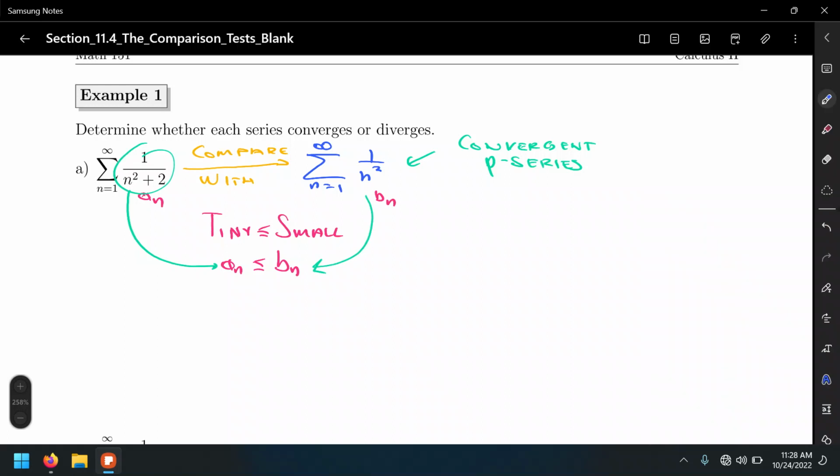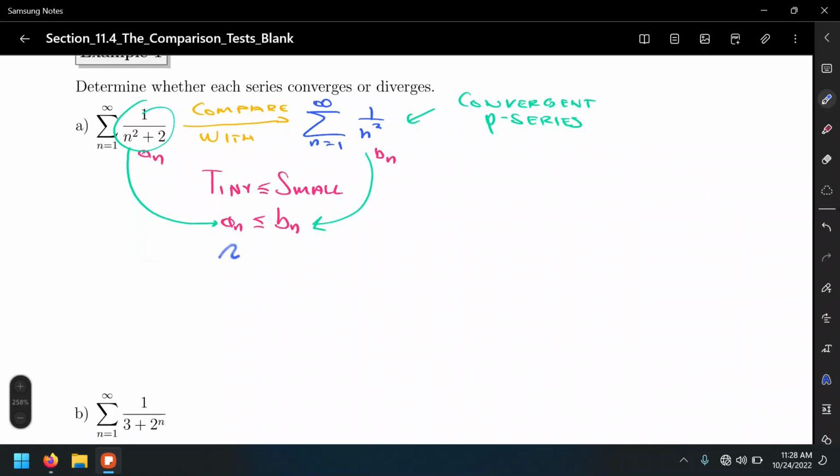Let's set up the inequality. So is 1 over n squared plus 2 less than or equal to 1 over n squared? Is this inequality true? That's all you have to do. You don't have to do anything else. So here this is indeed tiny less than small.